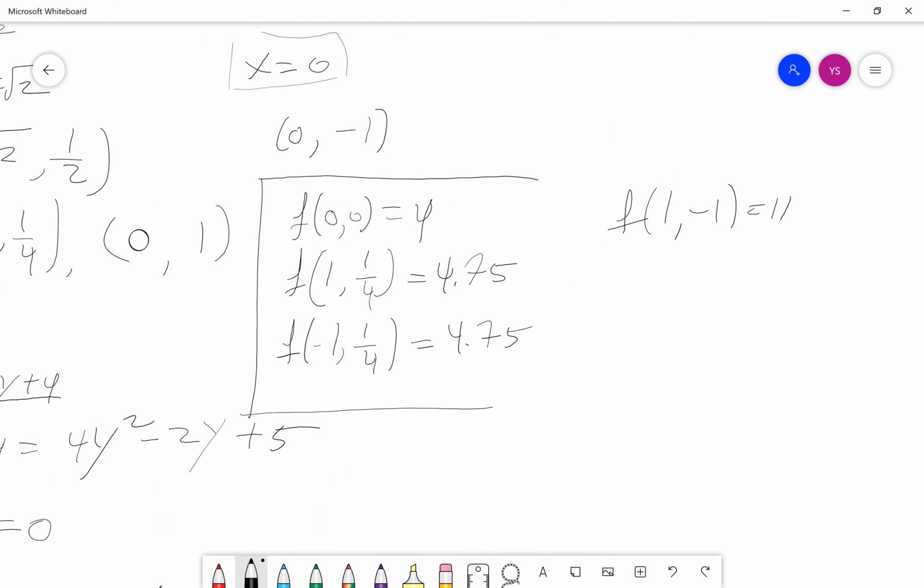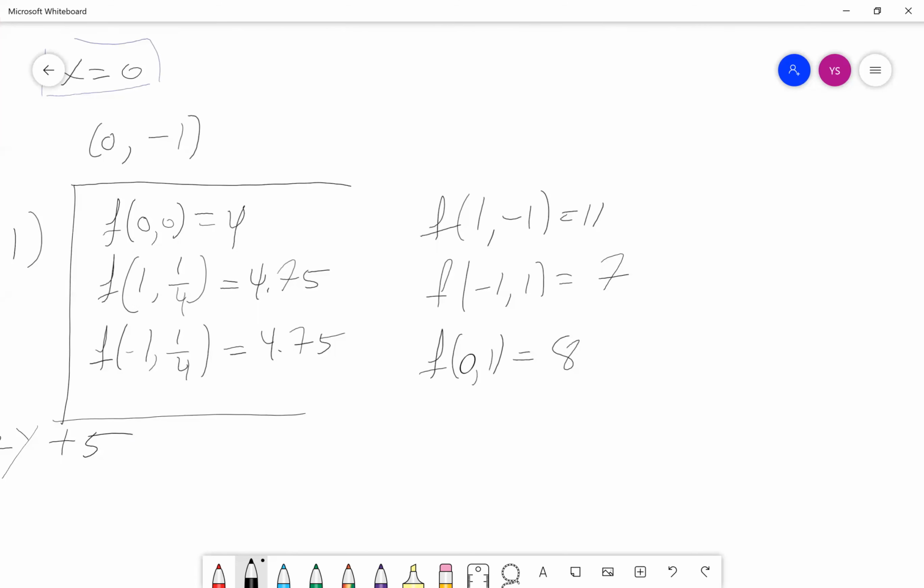So yeah, you have to do this with all the points. F of -1, 1 is equal to 7. F of 0, 1 is equal to 8. F of 1, 1 is equal to 7. F of -1, -1 is equal to 11. And f of 0, -1 is equal to 8.